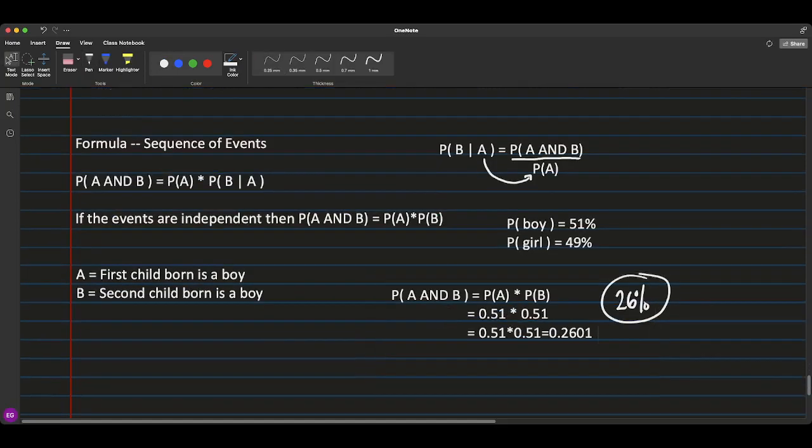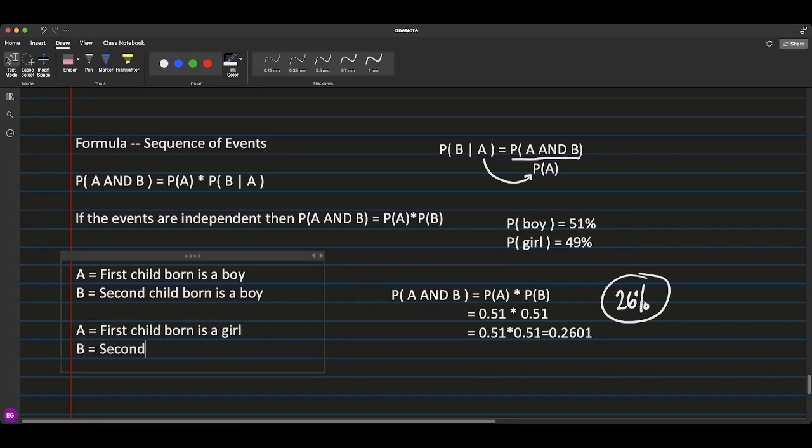Let's contrast this with asking, what's the chance that your first child born is a girl, and your second child born is a girl? Again, these are independent.